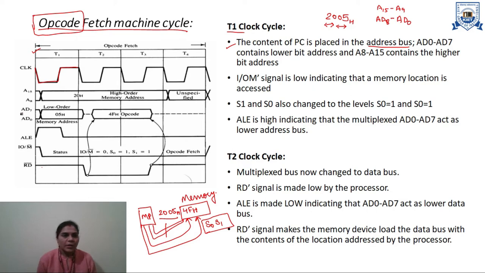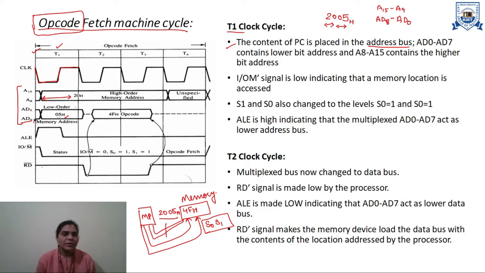Here in the timing diagram, in the first T1 state, the address will be placed on the address bus. So the multiplexed buses will have the lower order address, that is 05 in hexadecimal notation. And the higher order address bus will have 20 in hexadecimal notation in the first T state.